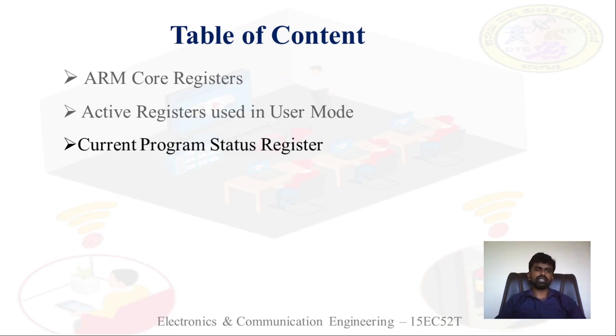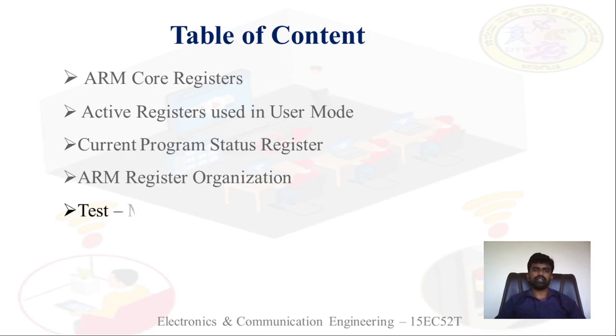Then there is the current program status register, generally called CPSR. In this we are going to study the bit structure of CPSR and different fields present in the CPSR. Then there is the ARM register organization, and finally some multiple choice questions to check your understanding level.